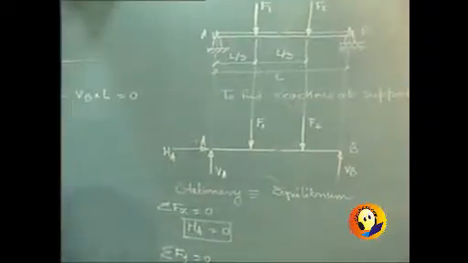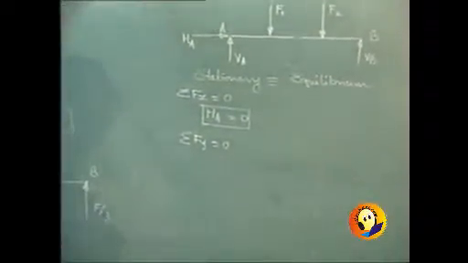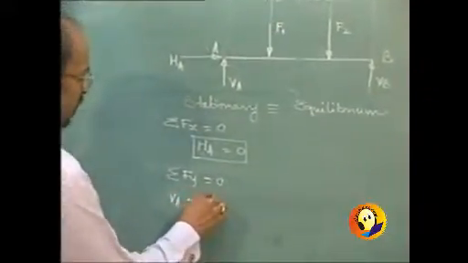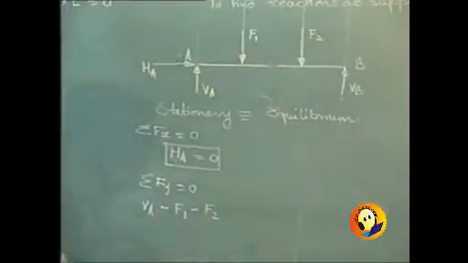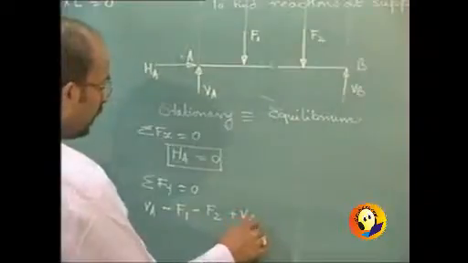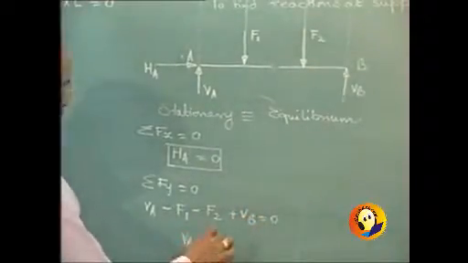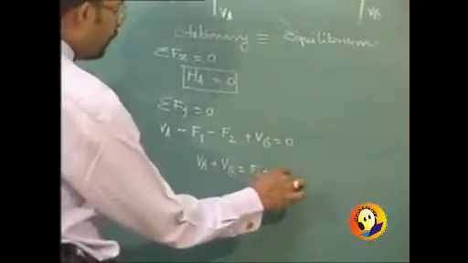The sigma Fy equation is to be rewritten now because there is one more force coming into the picture. So it will be VA minus F1 minus F2, both the forces are acting downward, plus VB equal to 0, and so we get VA plus VB is equal to F1 plus F2.